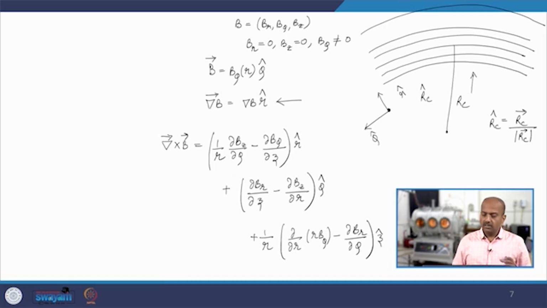How did I get this? This is the expression for curl, or del cross B, in cylindrical coordinates. This is a general expression. What we are going to do is substitute this configuration of the magnetic field into it, and then see how we can get a combined expression of drift in a realistic magnetic field.